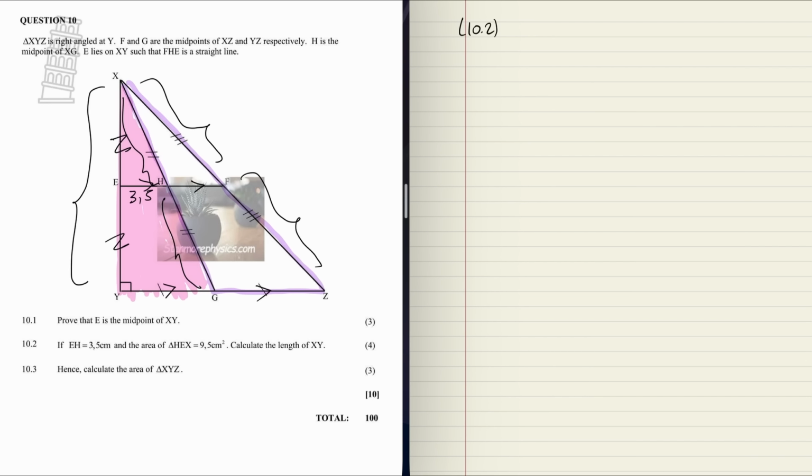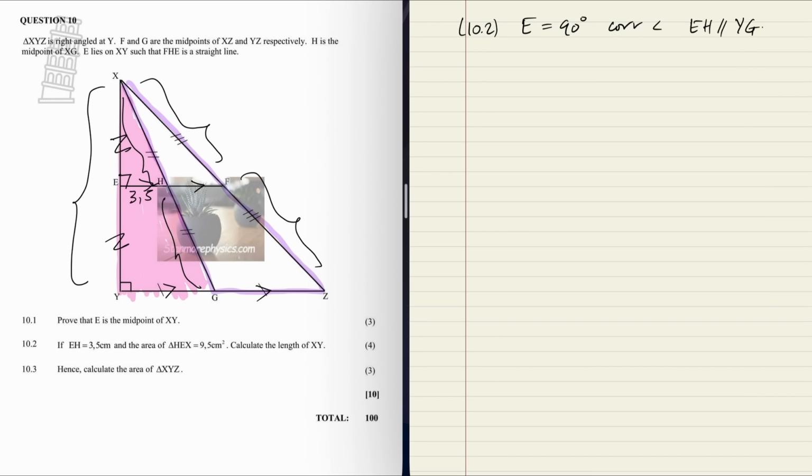Okay, not a problem. So we know that this is going to be 90 degrees because XG is parallel to EH. So we'll start with that. We'll say that E is equal to 90 degrees, and that is corresponding angles. And we know that EH is parallel to YG.